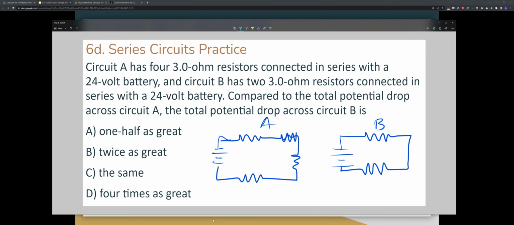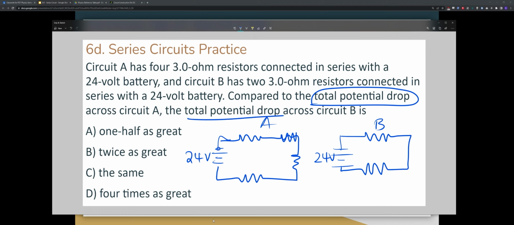Now, the voltage of both of these batteries that are connected to these resistors is 24 volts. And the question wants you to compare, what is my total potential drop across this circuit? Again, as we discussed earlier when we were covering potential drop, the potential drop across each resistor might be different. But the question is asking you for your total potential drop, right?